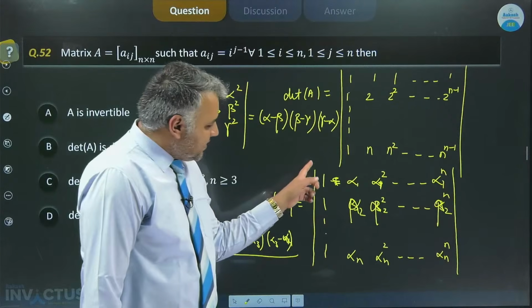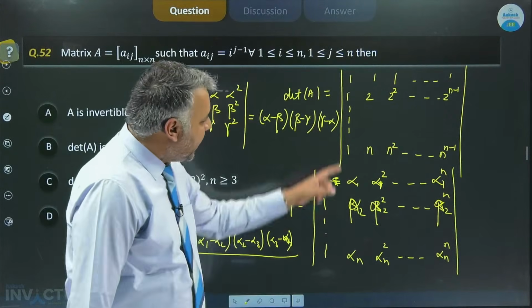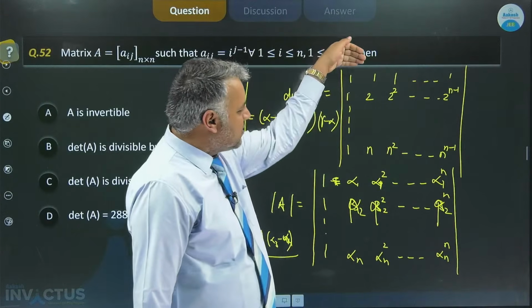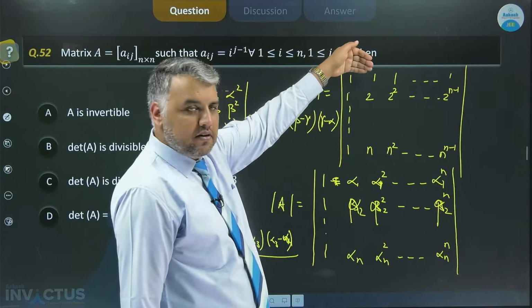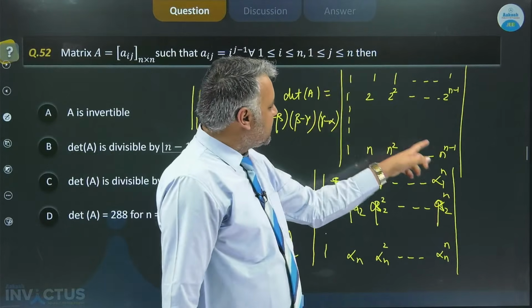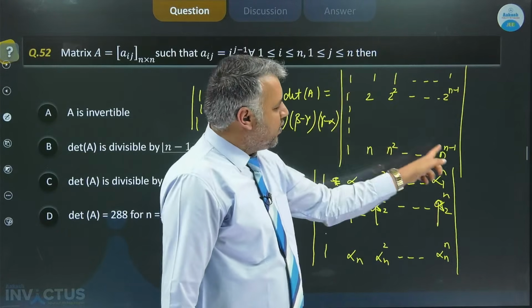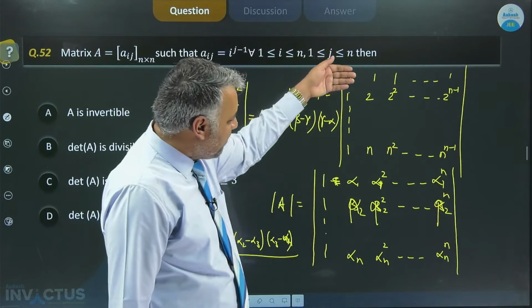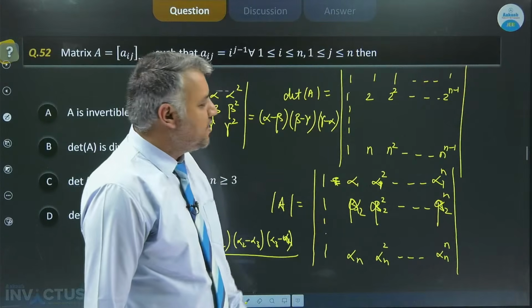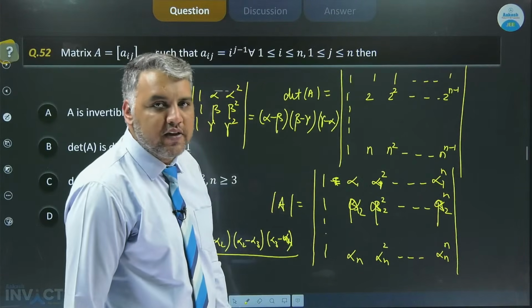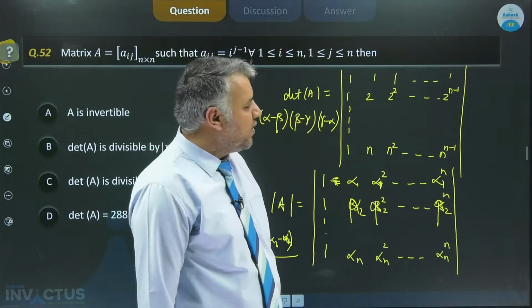You can see the sum of the powers here. If I say 1 as alpha, 2 as beta, 3 as gamma, the sum of the powers will be n into n minus 1 by 2. And the total number of factors, if I choose any 2 terms from here, there will be nC2 ways, that is again n into n minus 1 by 2.